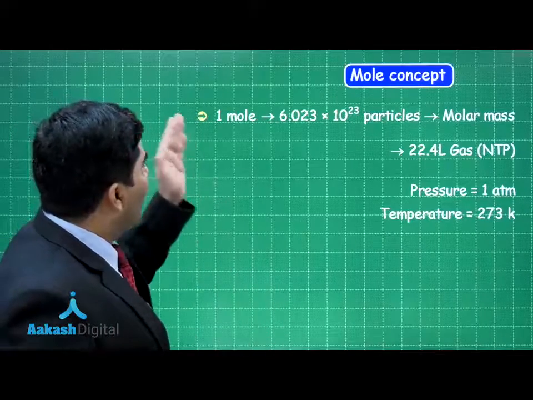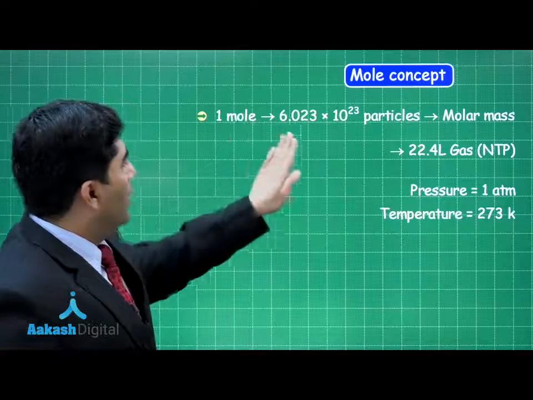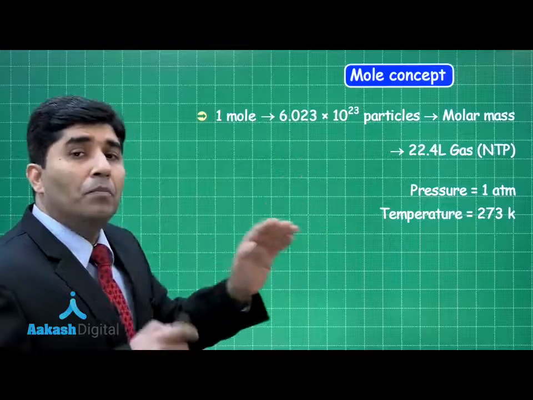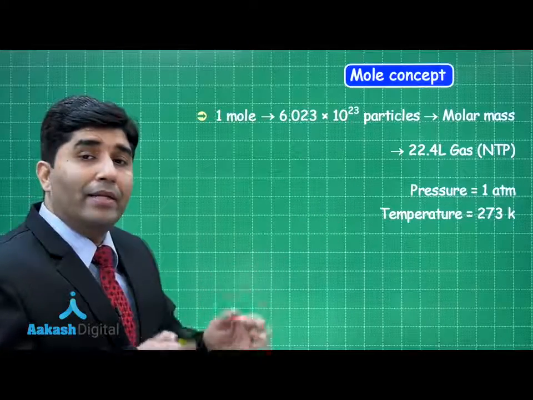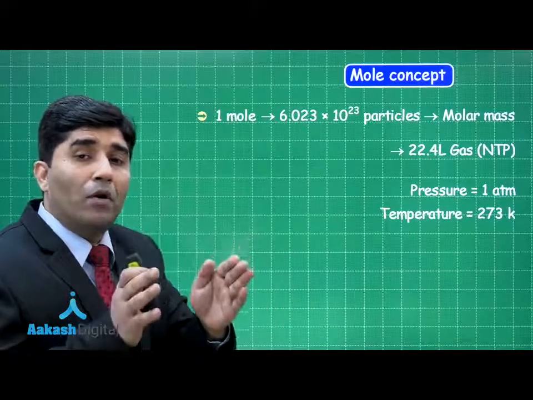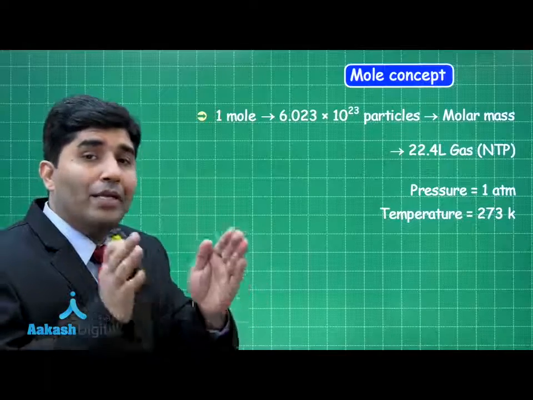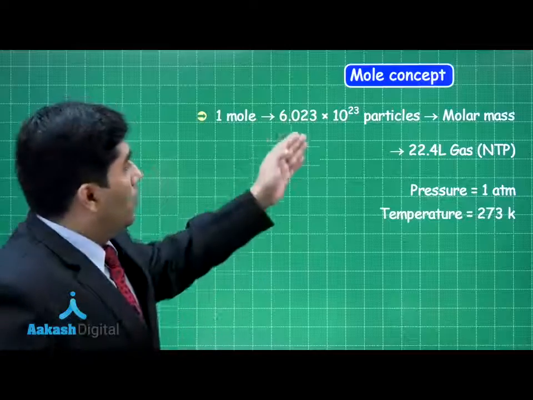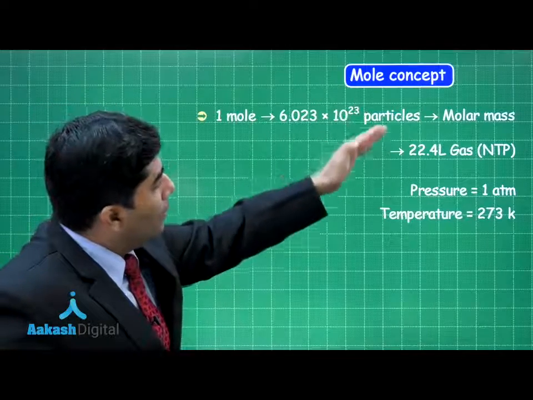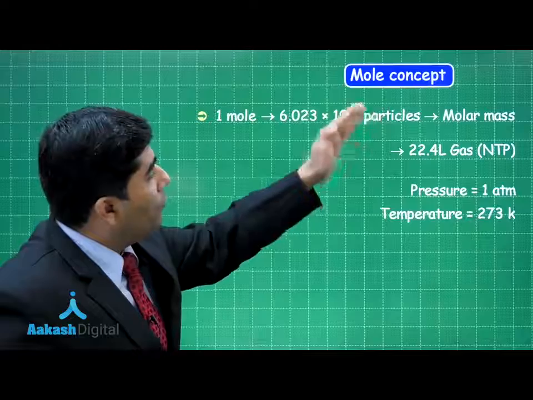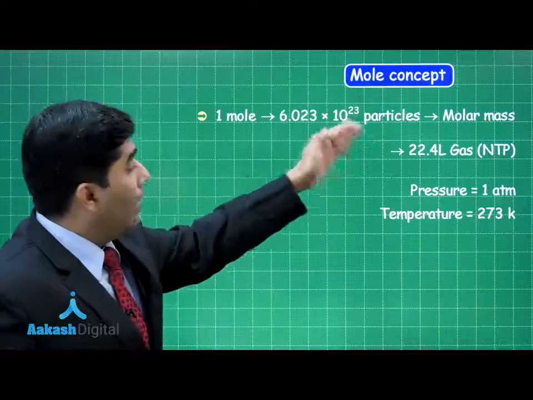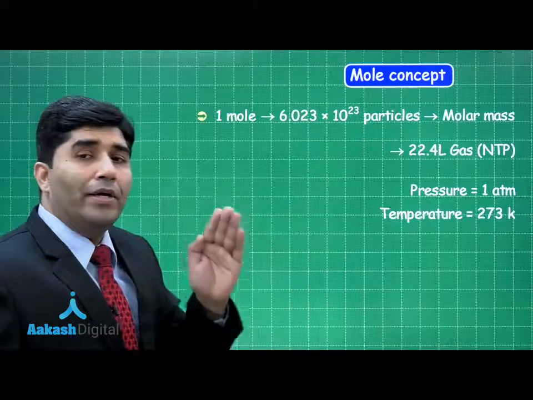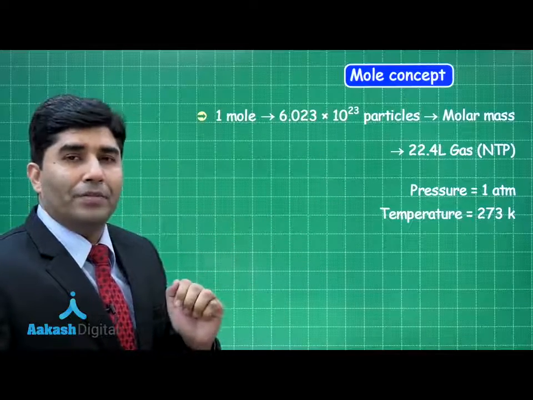So if we have 1 mole carbon dioxide, 6.023 into 10 to the power 23 molecules will be present in that particular sample of CO2, that is 1 mole, and the weight of that sample will be equal to 44 grams, and its volume at NTP will be equal to 22.4 liters.